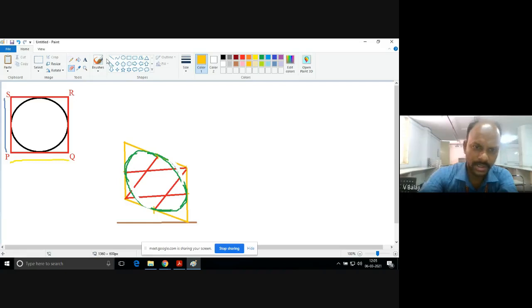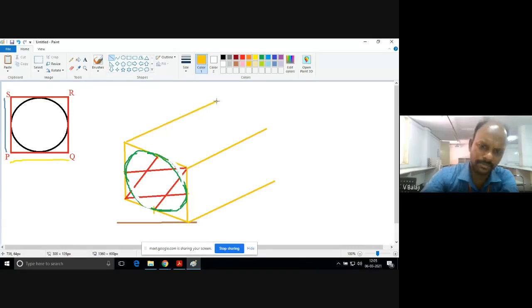Take horizontal 30 degrees lines. Again 60, 60 lines from PQRS, you draw 60 lines. From here you draw 60 and again 60.